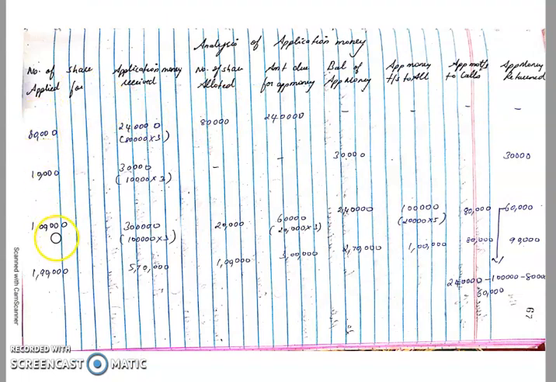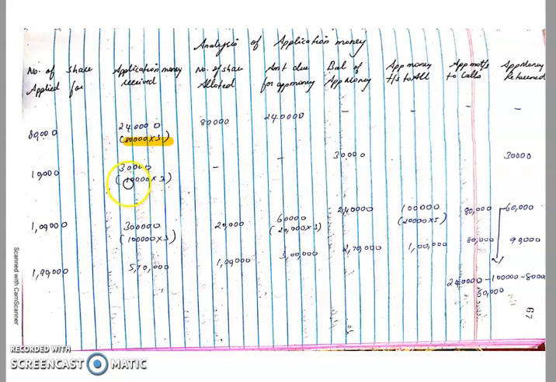I have prepared this table, so just be with me. Number of shares applied: 80,000, 10,000, 1 lakh, for which application money received. For 80,000, it is full, so 80,000 into 3, that is 2 lakh 40,000.